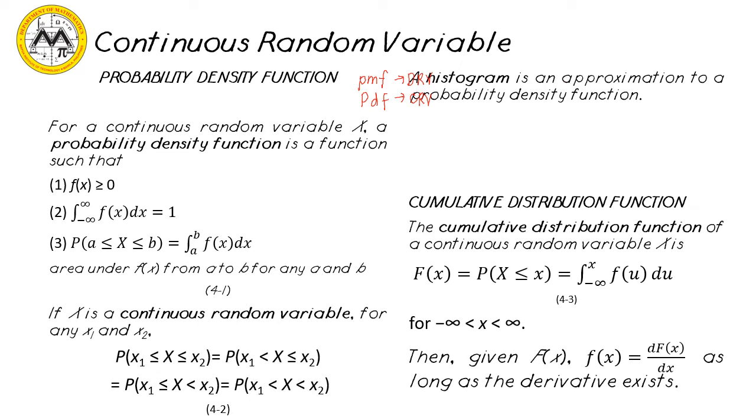Therefore, to solve the probability density function given the cumulative distribution function, f of x is the derivative of the cumulative distribution function of x as long as the derivative exists.